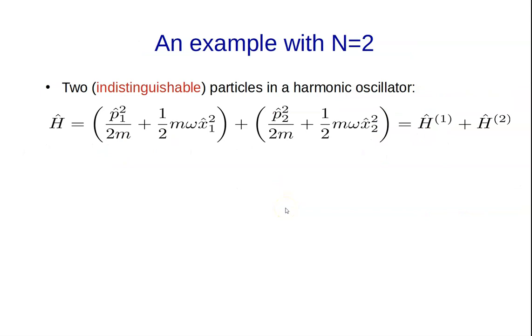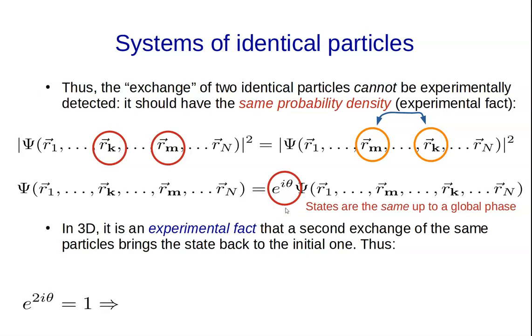So this is an experimental fact, that a second exchange of the same particles brings the state back to the initial one with no phase difference. It means that the phase that you get for exchanging the particles does not depend on which particles you pick, right?